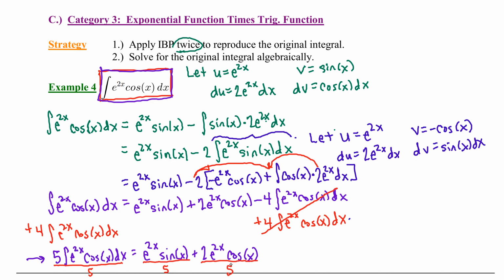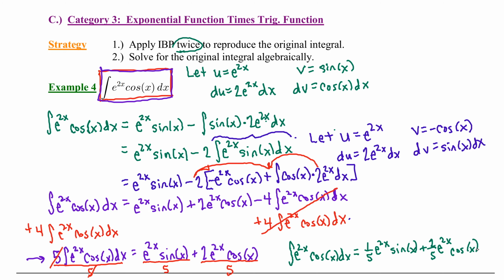Again, you can think of it as multiplying by 1/5. That's going to cancel this coefficient on the left. So we end up with, on the left side, the integral of e to the 2x cosine of x dx equals 1/5 e to the 2x sine of x plus 2/5 e to the 2x cosine of x.